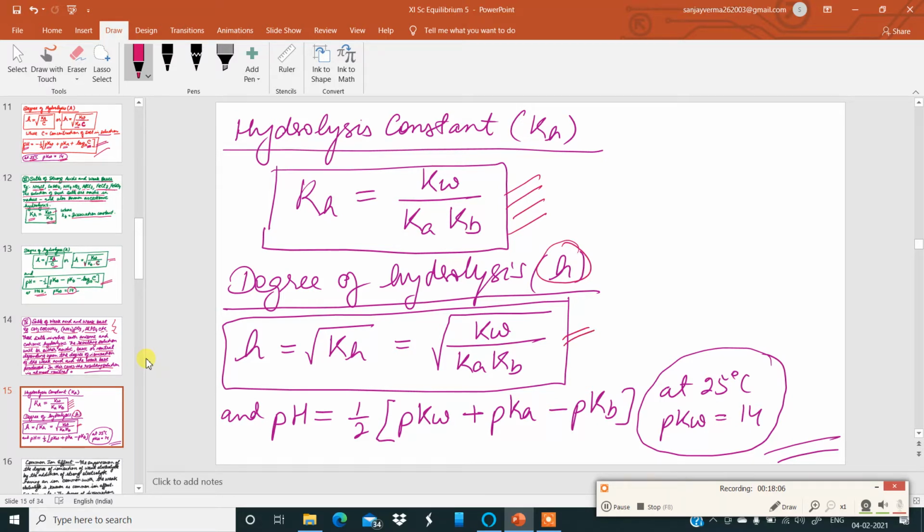To get the pH of such salts containing weak acid and weak bases, pH is half into pKw plus pKa minus pKb. And remember, at 25 degrees Celsius the value of pKw is 14, which varies with temperature, of course. Now these are the three sets of formula which you have to remember for use in the numericals based on this chapter.